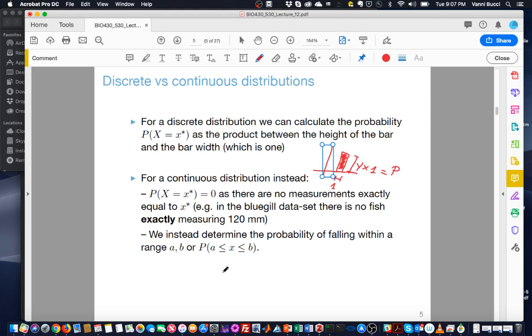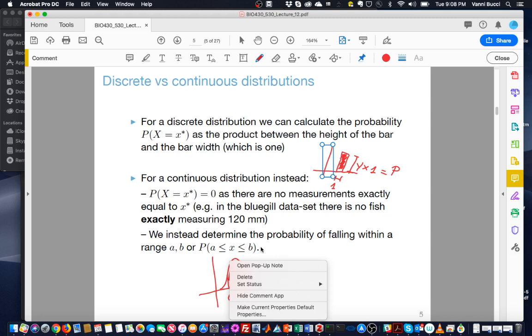In a continuous distribution, instead, we don't have a histogram. We have a line, such as here, and so the only way that we can define the probability is by defining two values, A and B, and determining this area right here.